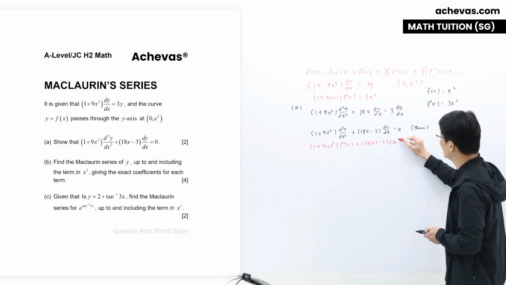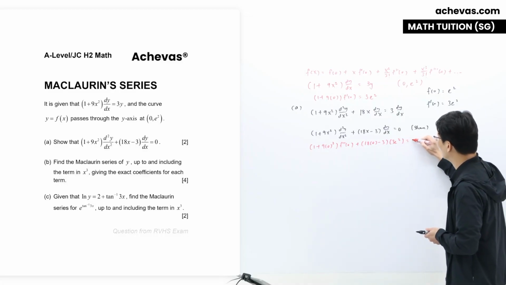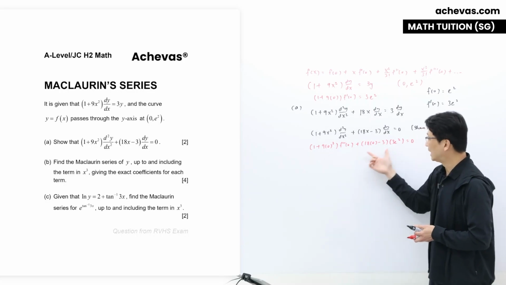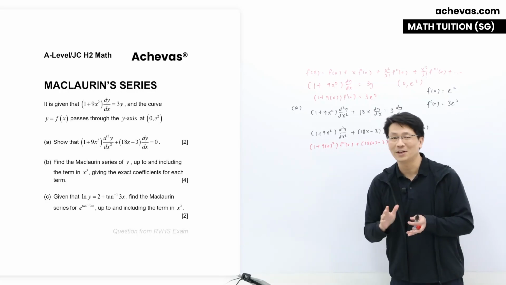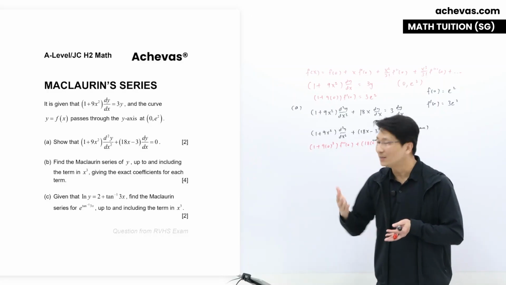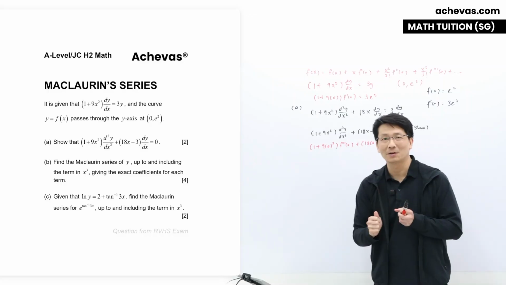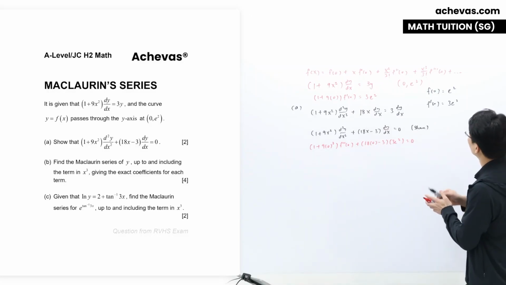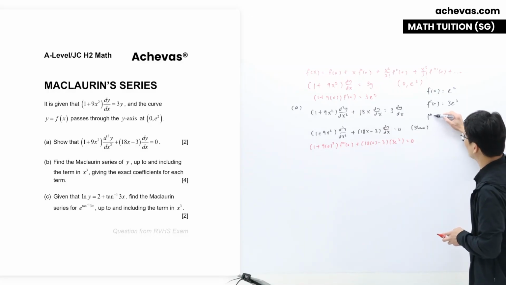By the way, this expression which I've written down is for my own reference. You don't really need to write it down in your working. If you can just mentally sub in x equals 0 and press your calculator to obtain the final value that you require. So in this case, it will be f''(0).